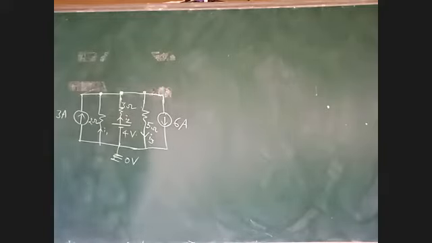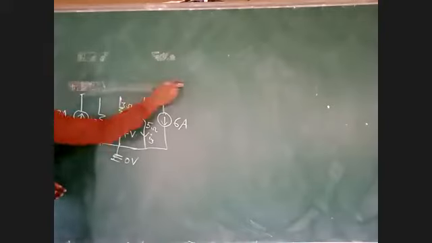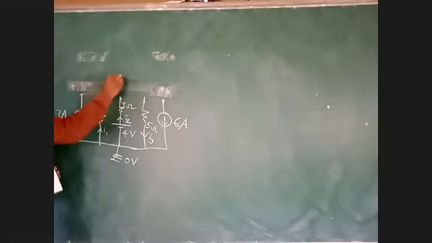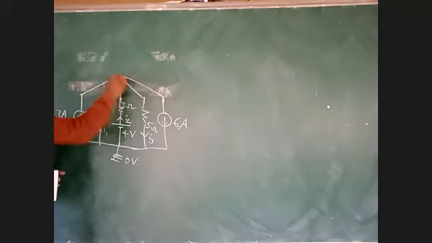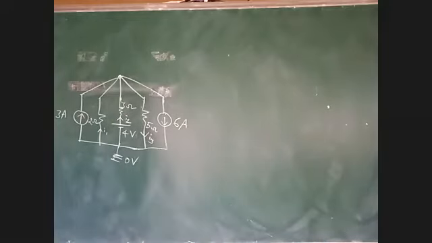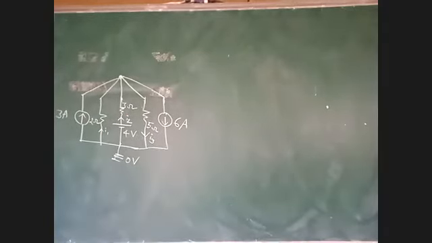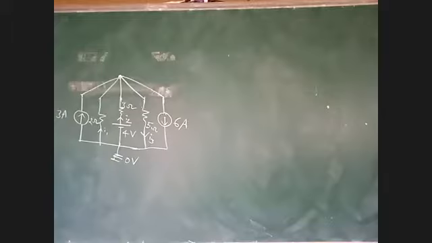Okay, see here. Now let us assume there is only a single node. How many branches are connected to that node? 5 branches are connected.